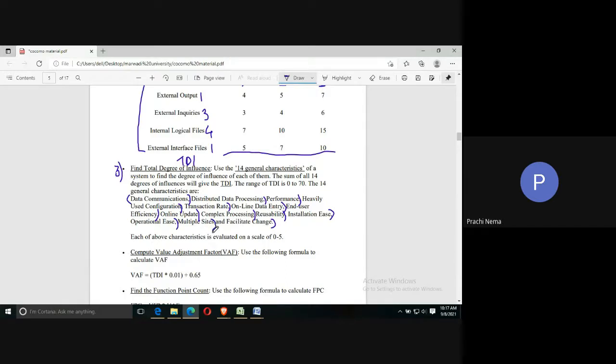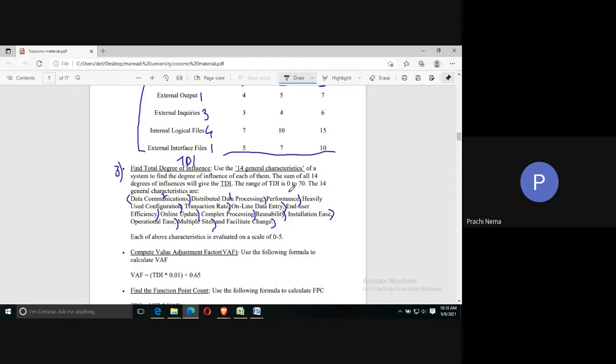Each of them will have a count, and they will be evaluated on a scale of 0 to 5. Suppose data communication is given 2, then we will consider it as 2. Suppose this is given 1. Like that, all the 14 characteristics will be evaluated between 0 to 5.